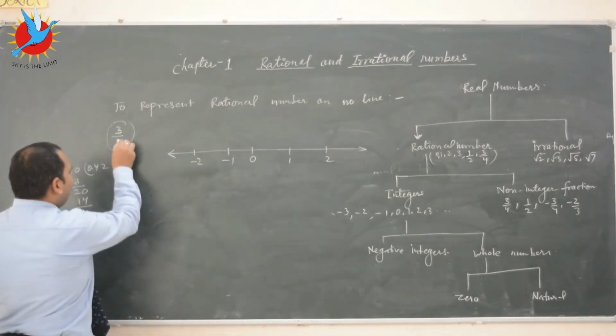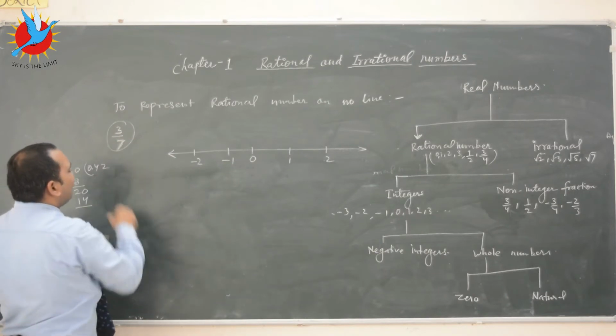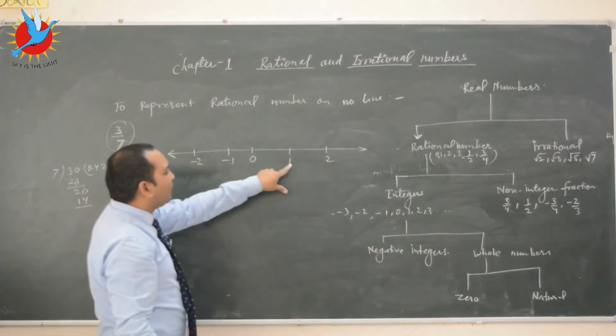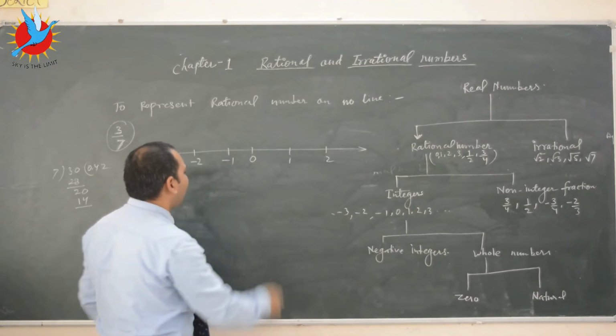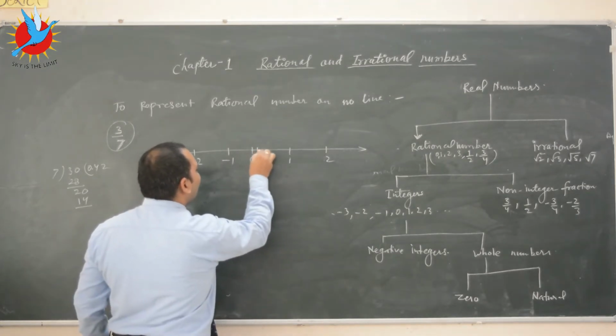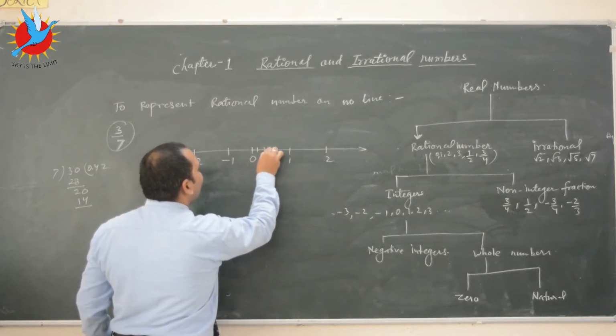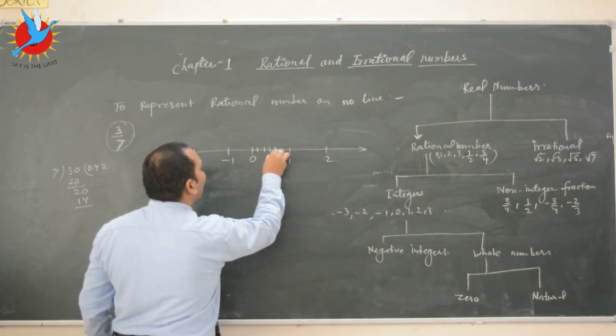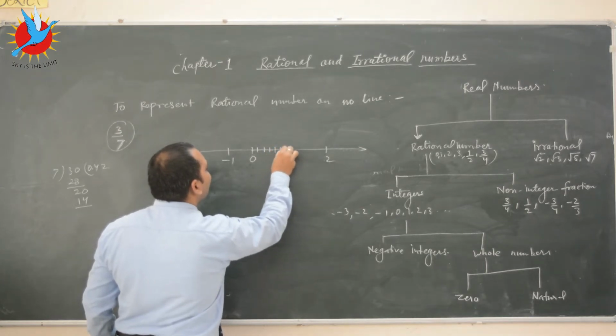The denominator is 7, so we divide the space between 0 and 1 into 7 equal parts: 1 part, 2 parts, 3, 4, 5, 6, and 7 parts.